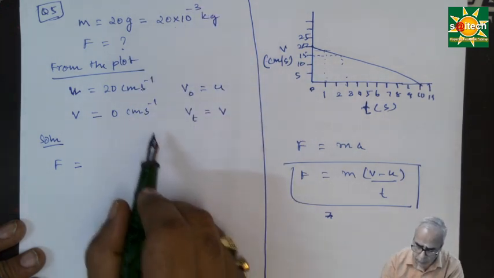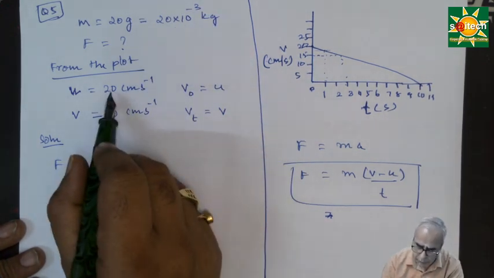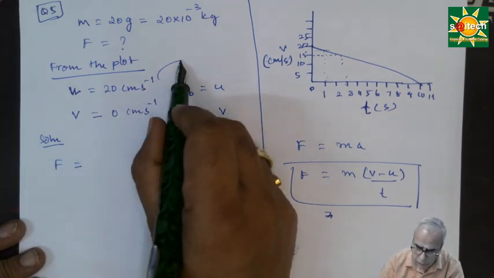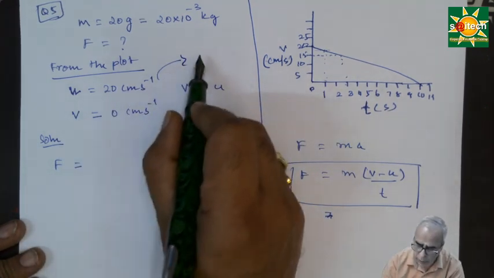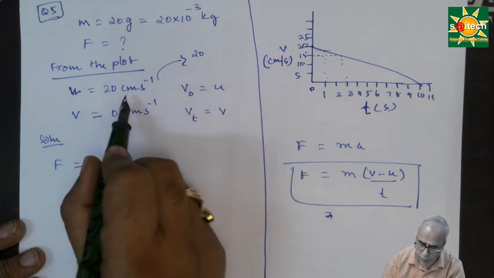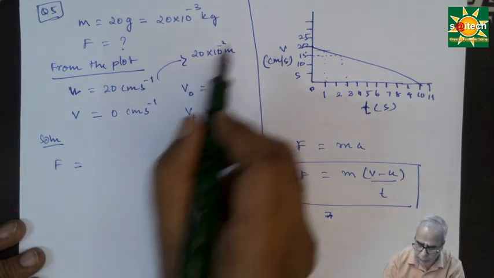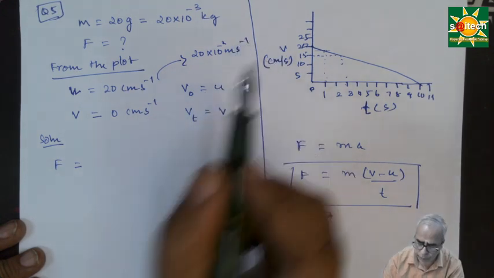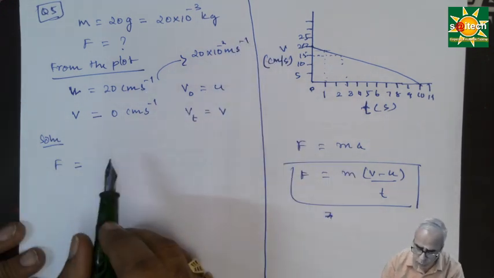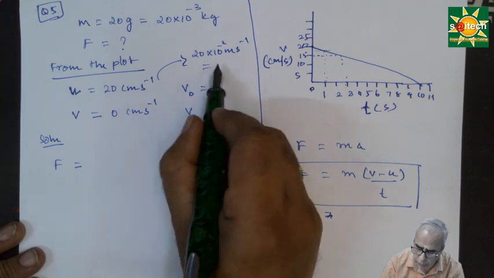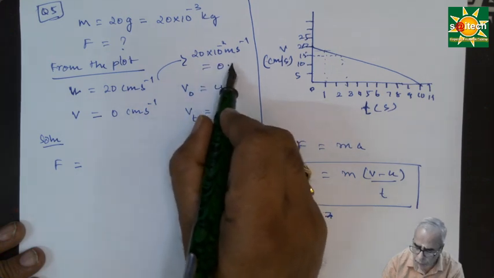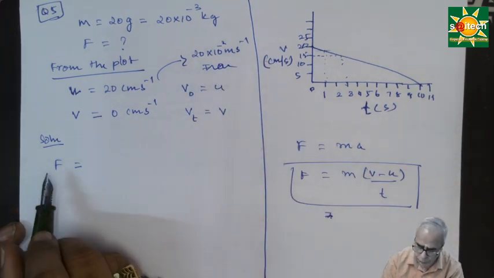And what about this centimeter? This should be converted into meter. So 20 centimeter per second becomes 20 into 10 power minus 2 meter per second, which is nothing but 0.2. Otherwise you can keep it as such.